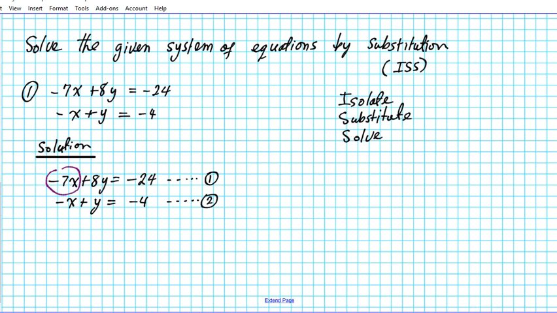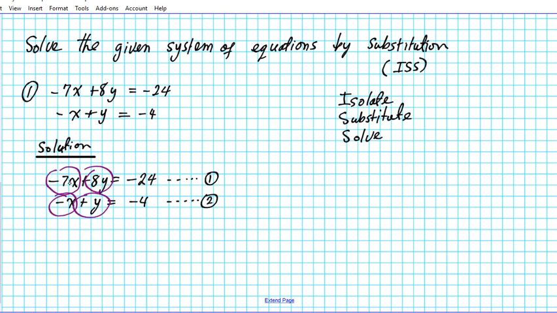So we have the x in equation 1, the y in equation 1, the negative x in equation 2, and the positive y in equation 2. So the question now is, which one is the easiest to isolate? Remember, you want to aim for the one that has a coefficient of 1.